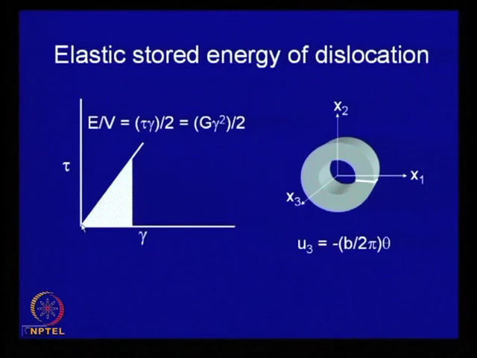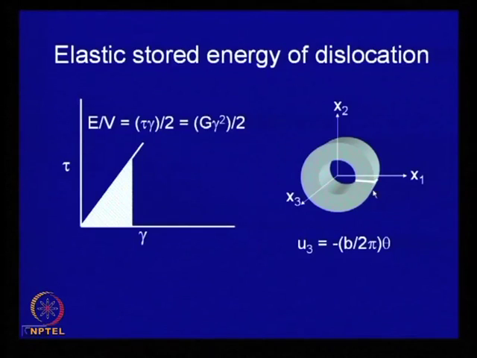To move this dislocation, you have to apply a shear stress, and the shear stress and shear strain relationship is linear, and the energy per unit volume is given by the area under the curve. If you multiply the modulus by shear strain squared over 2, that is the elastic stored energy per unit volume.